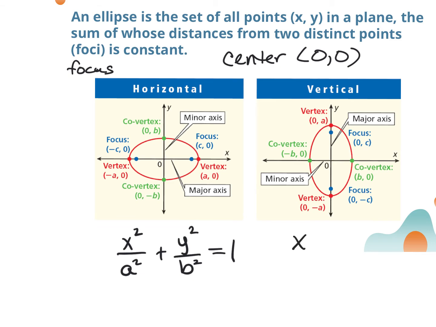And I'm going to always keep my x squared, y squared in the same spot. What I'm going to do is move the b squared and the a squared. So here, when my a squared, or my bigger number, is under the y squared, then my major axis is vertical. It's up and down.